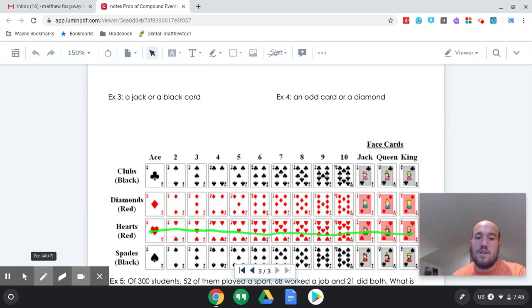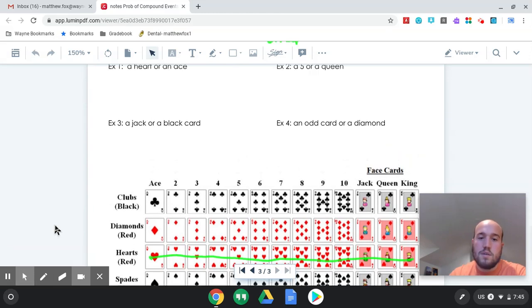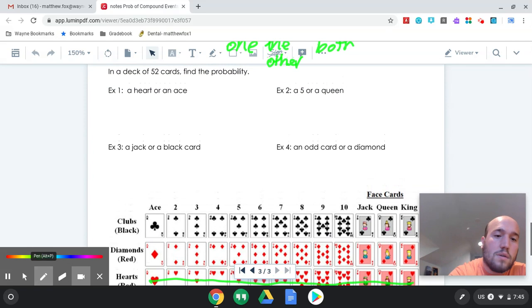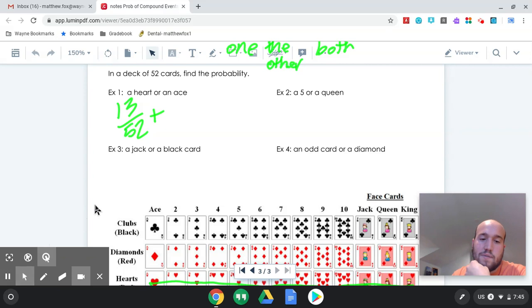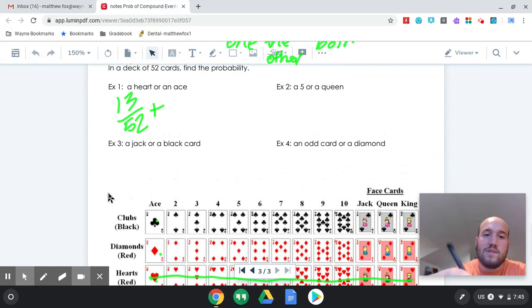So the probability that we get a heart would be 13 over 52. Now we need to add the probability of one plus the probability of the other. So what's the probability you get an ace? For an ace, there's 1, 2, 3, 4. So the probability of pulling an ace is 4 out of 52.